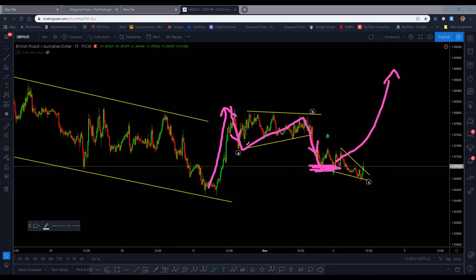After this impulse, we had this 5-wave correction. 1, 2, 3, 4, 5 at this point, and then it came down.